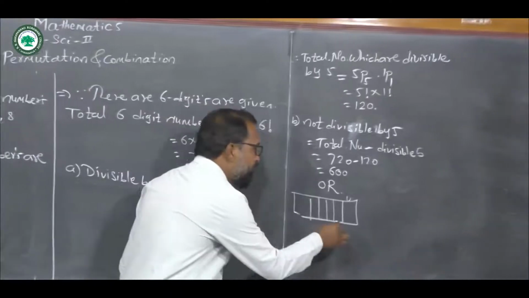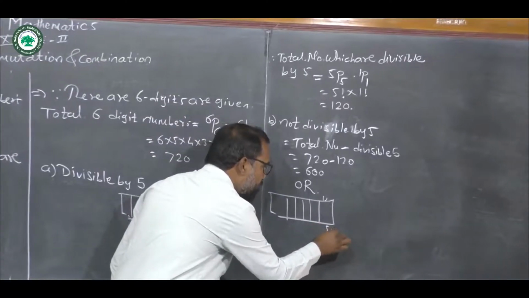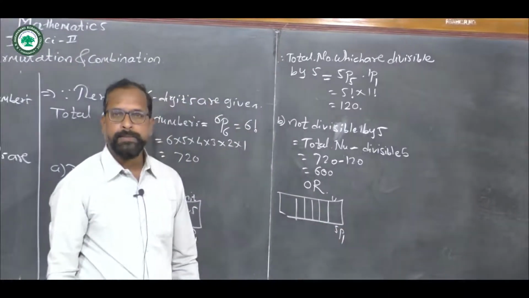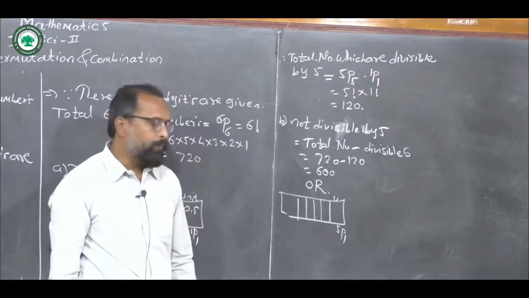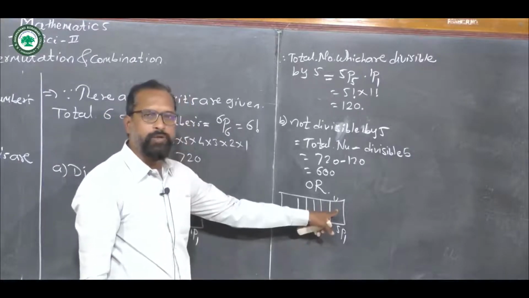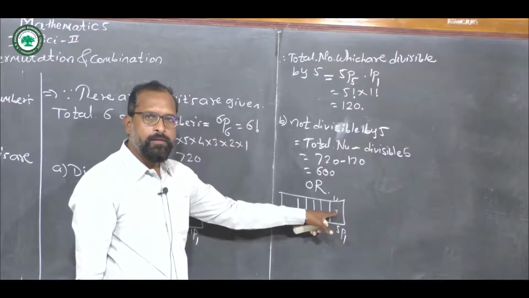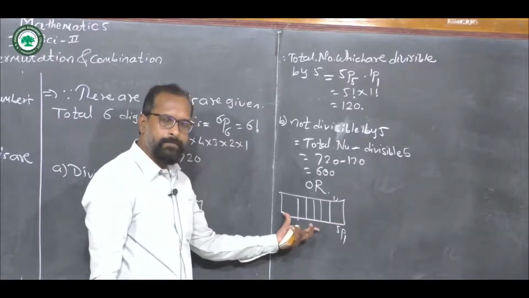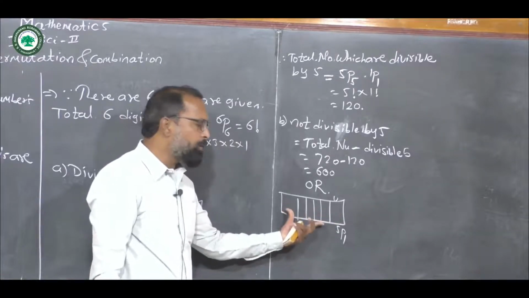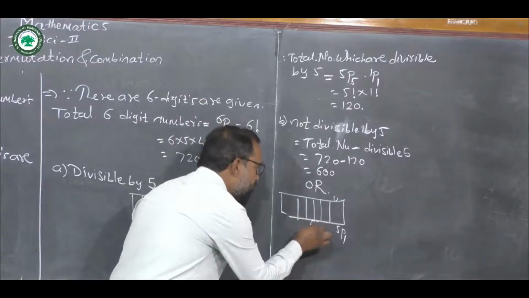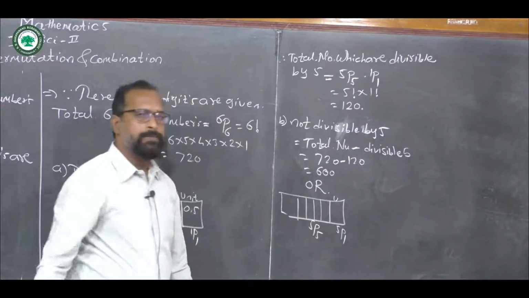So here the unit place can be filled in 5P1 ways. Now 1 digit is used at the unit place. Now the remaining 5 digits can be arranged at the remaining 5 places in 5P5 ways.